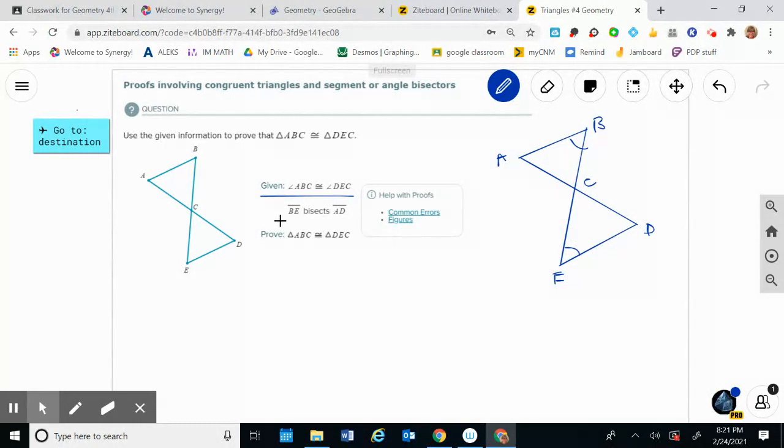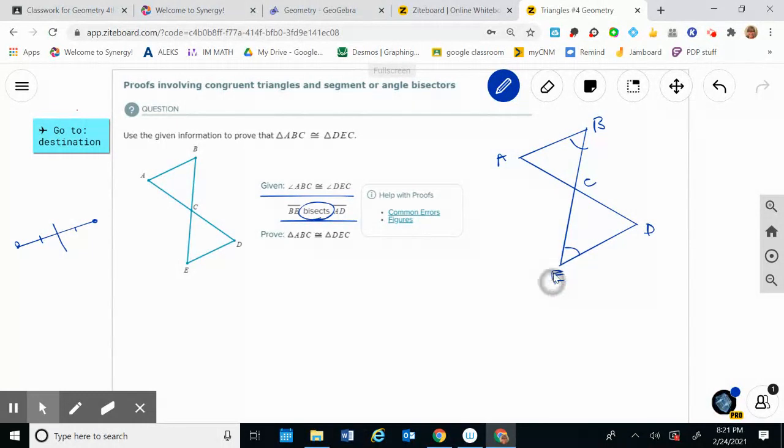Then it tells you that BE bisects AD. Now you should know angle bisectors or segment bisectors. If you have a segment and you have something that bisects it, you are cutting it into two equal pieces. Here's BE.